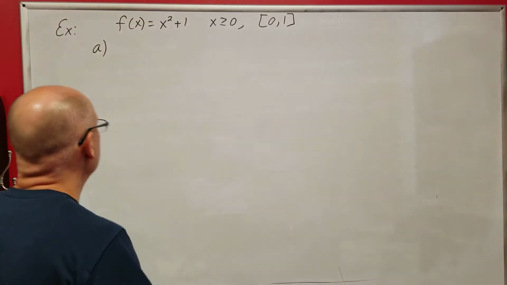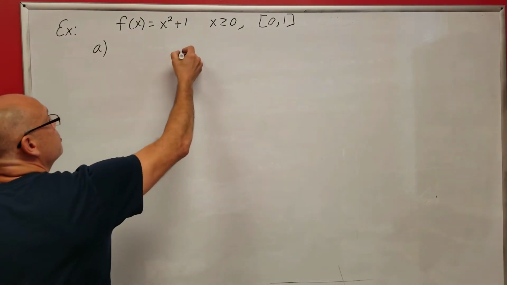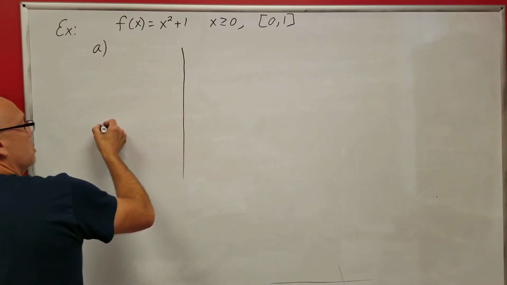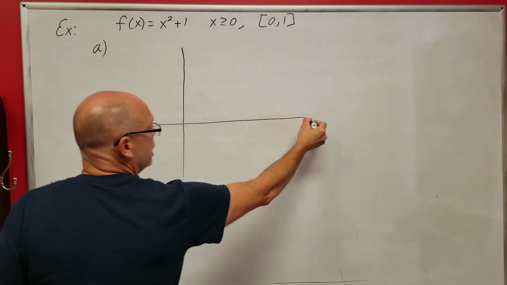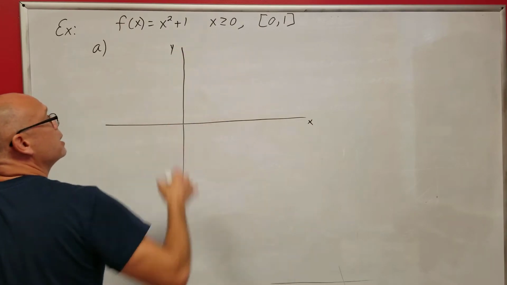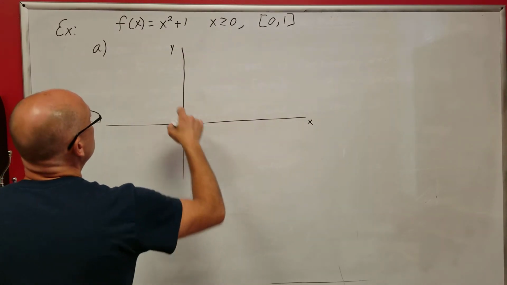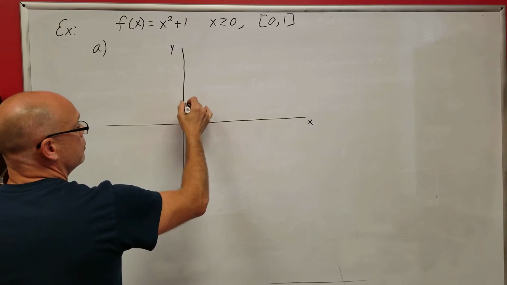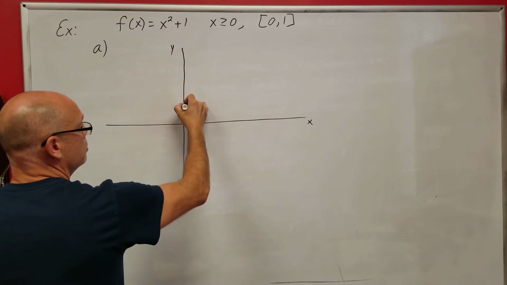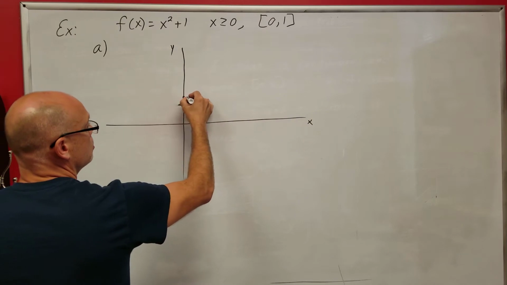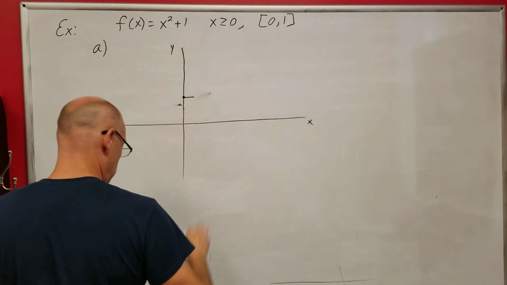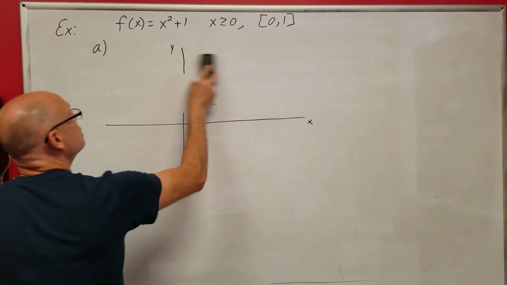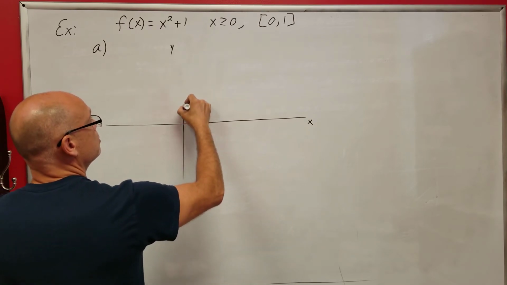So let's draw a picture of what this looks like. All right, here's my x-axis, here's my y-axis. x squared plus 1 is going to be what? A parabola shifted 1 unit upward, right? No, let me draw that a little better here. Get sloppy with my drawing.